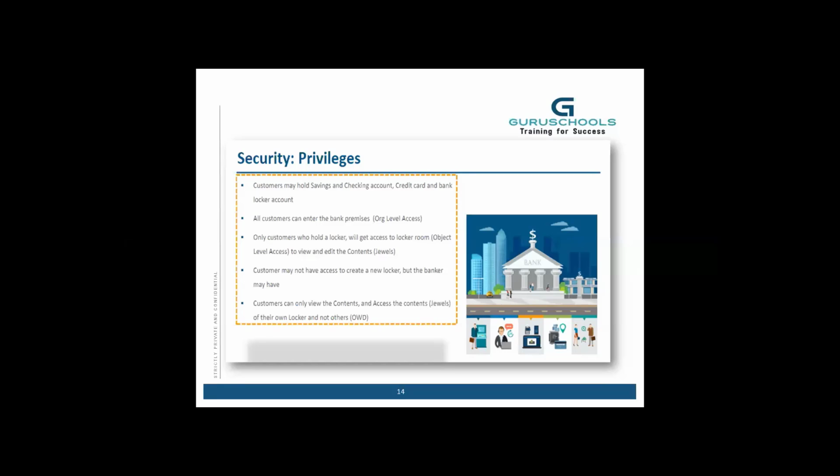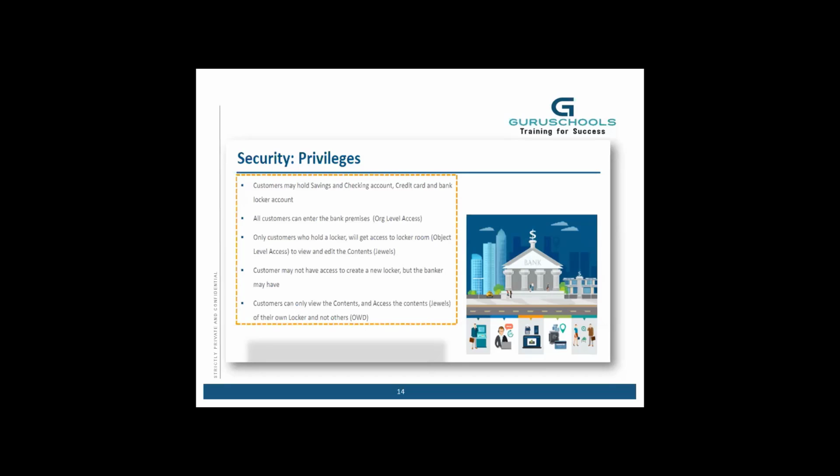Like only customers who hold a locker will get access to the locker room, object level access to view and edit the content. Like if we enter the mall, all the people can enter the mall, but if you want to go to that particular cinema hall, you need a particular ticket.